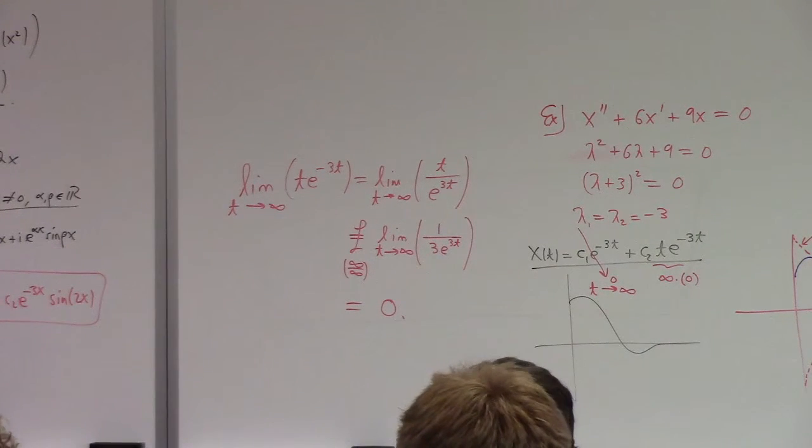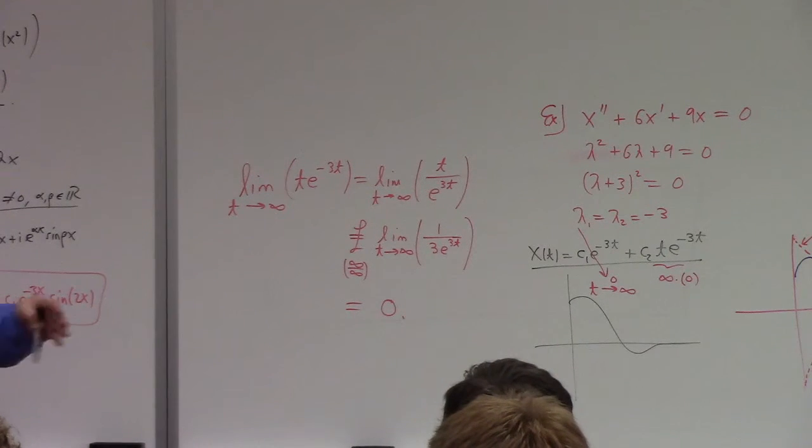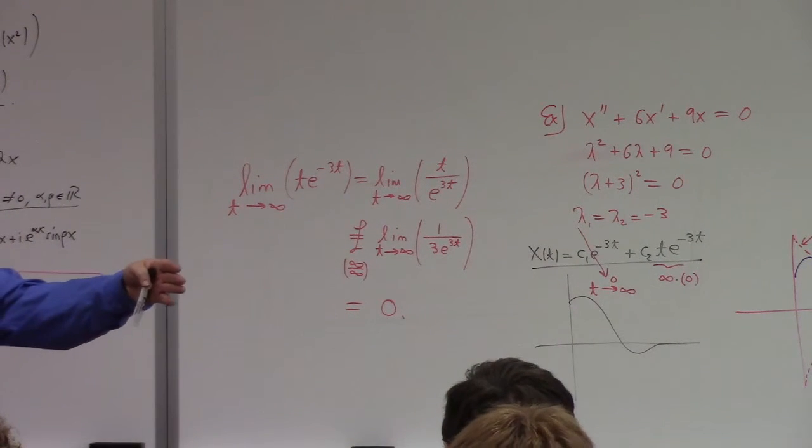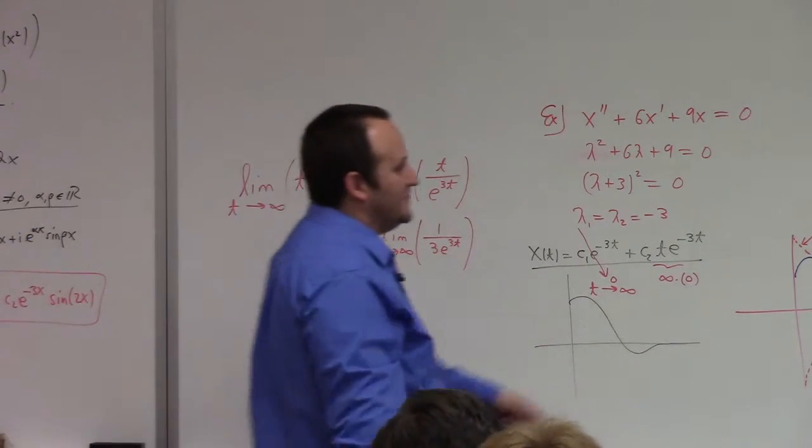There's something to take away from all this, which is good news. If you have a spring which has friction in it, there's no way that after a while it's going to start vibrating so violently that it breaks. No matter what the situation with the mass, the damping constant, and the spring constant, the motion always dies to 0. Unless there's no friction, in which case it just stays. It's still not unbounded motion, right?